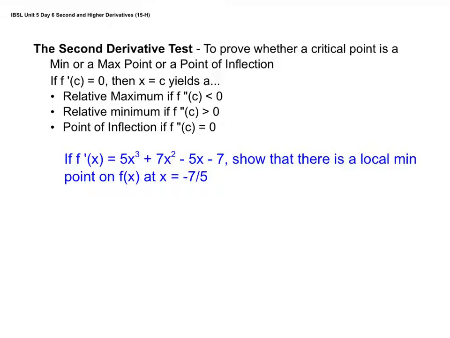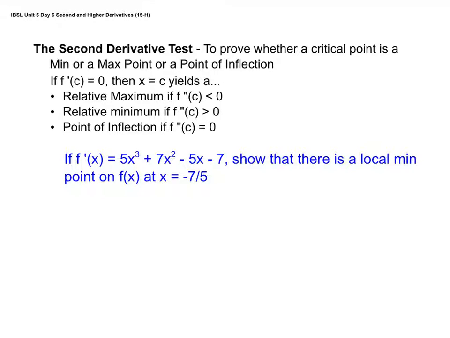If that's not true, then we can automatically say, no, there is not a local min at this point. But then for the next part, I told you you had two options. You either had to show that there was a change in sign from negative to positive or positive to negative on the derivative, or you could use the second derivative test.